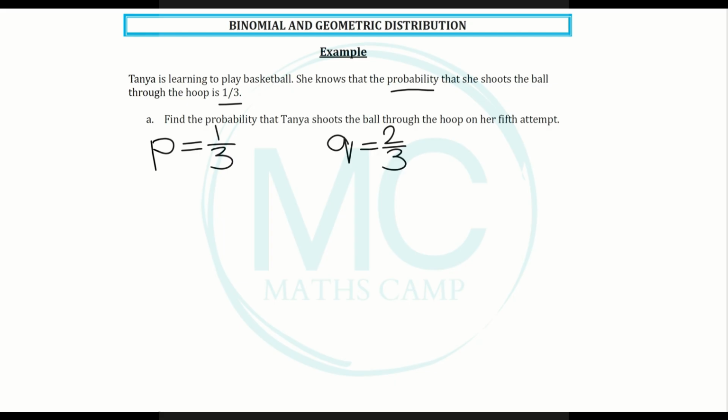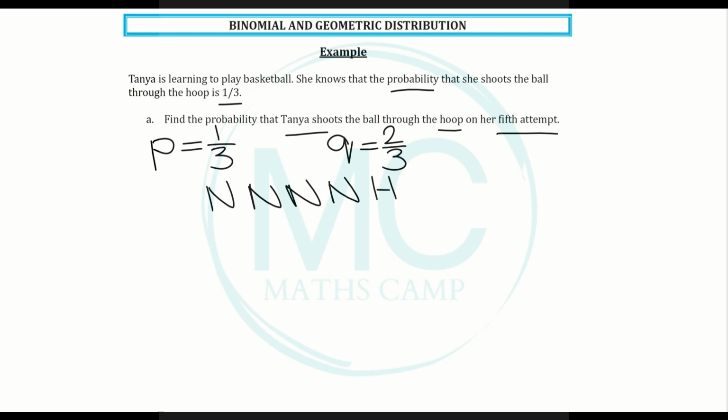Now, every scenario is realistic. If Tanya shoots the ball through the hoop for the first time on her 5th attempt, that means she does not get the ball in the hoop on her first 4 tries. So there's no ball through the hoop, and no ball again, and no ball on the 3rd try, and no ball on the 4th try. And then she shoots the ball through the hoop on her 5th try.